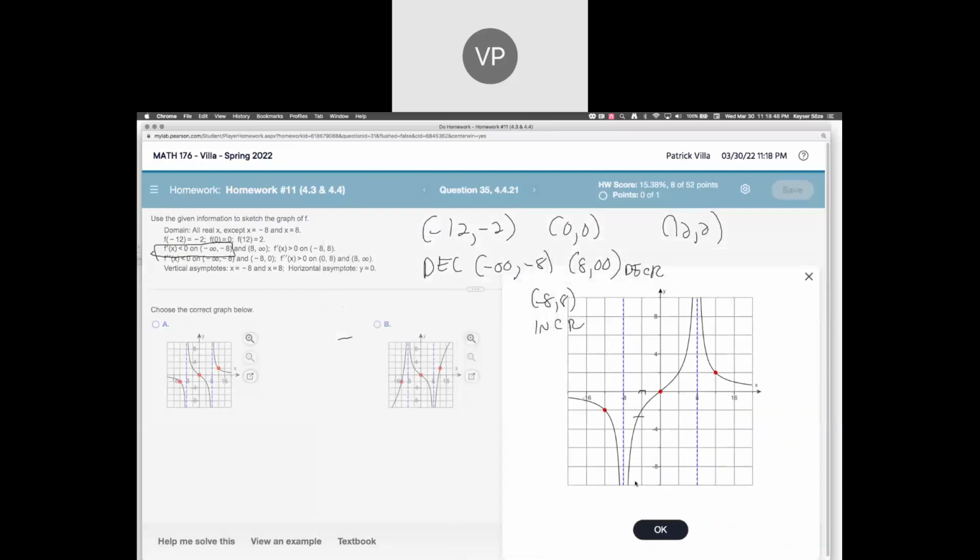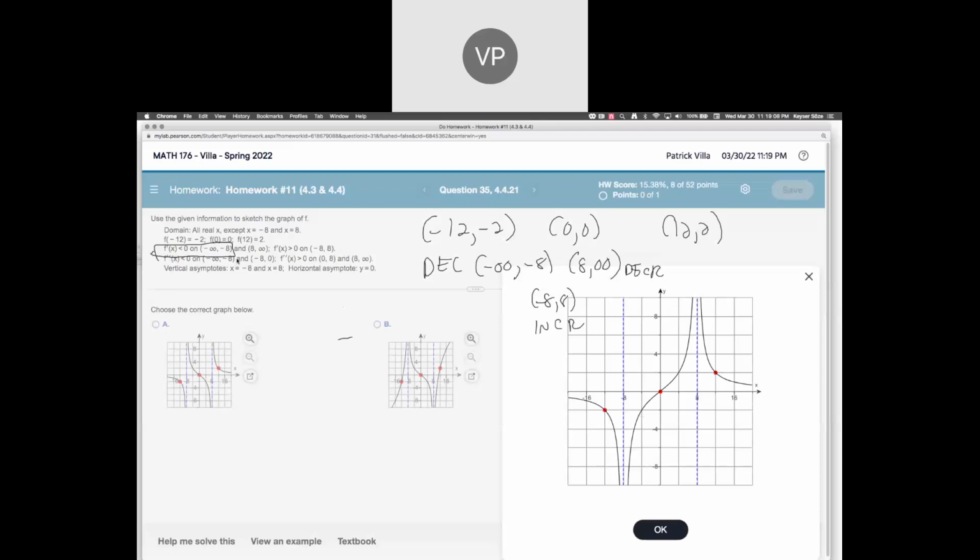It's decreasing to negative 8. It's increasing from negative 8 to 8, and it's decreasing after that. So that does hold up, consistent. So I pretty much know this is my answer, but I want to make sure you all see the rest of it. Here we have a second derivative less than 0, which means it's concave down, because it's negative.